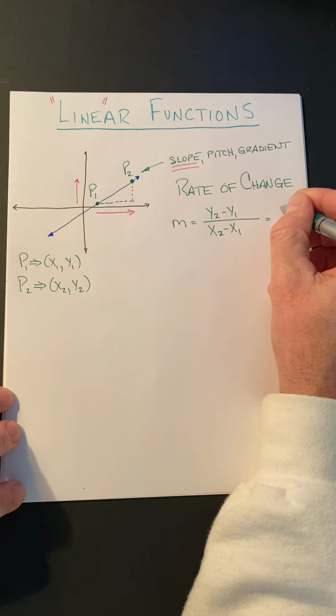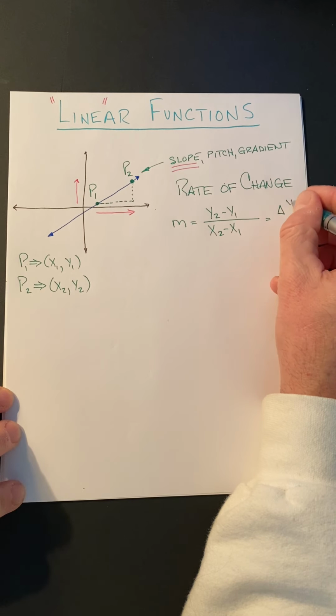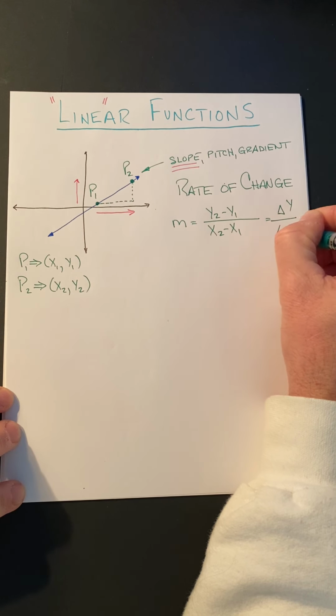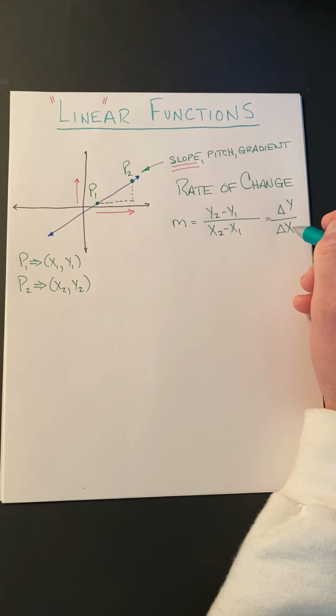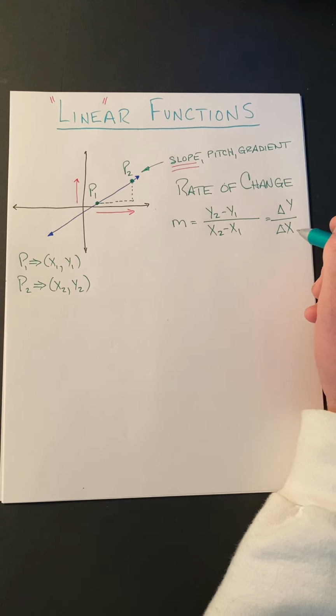And you'll see in some places where they're going to say this delta, this triangle, delta x over delta y. Delta just simply implies change, okay? It's a Greek symbol.